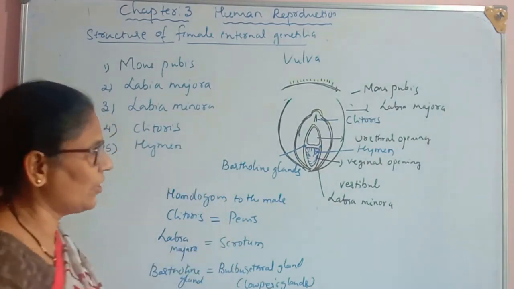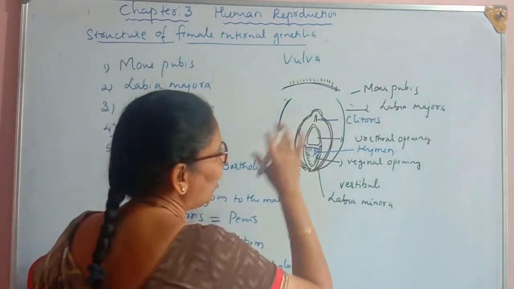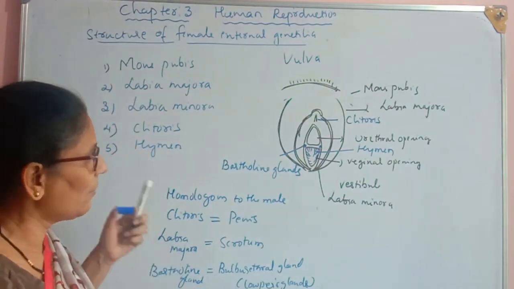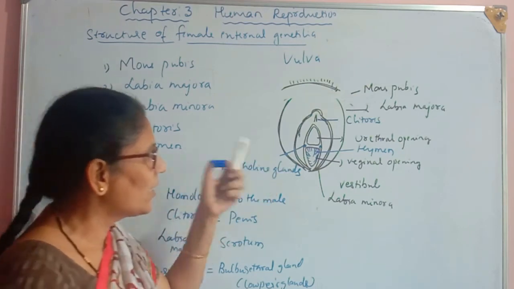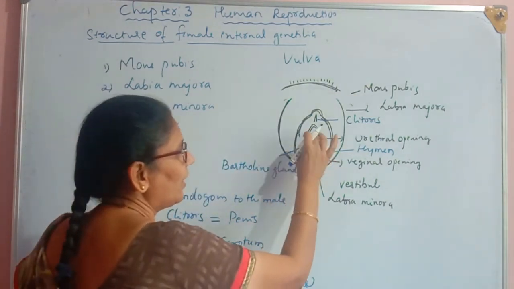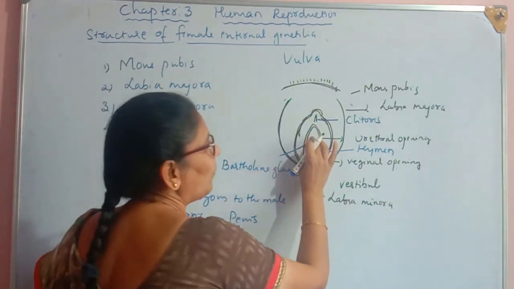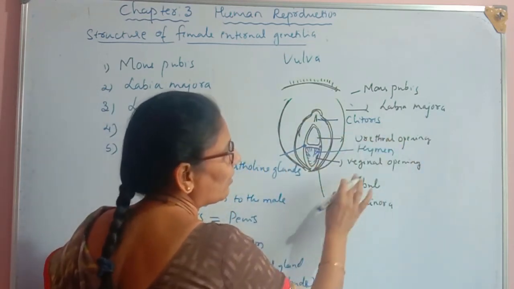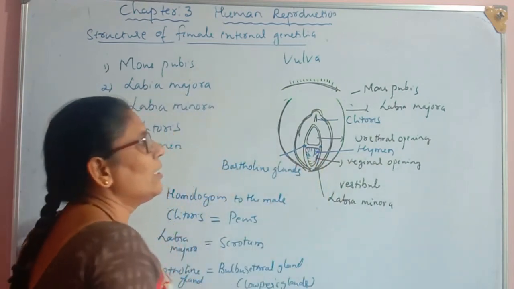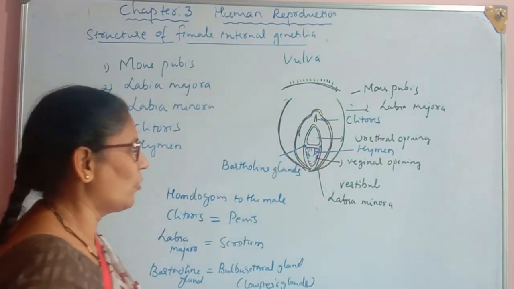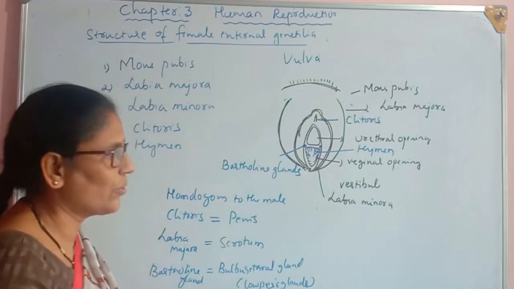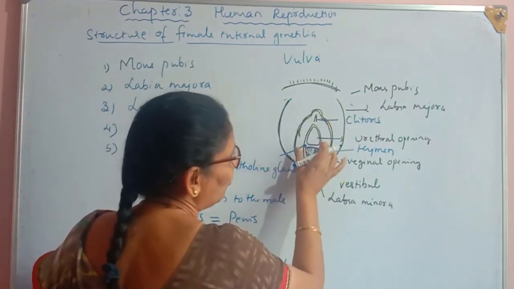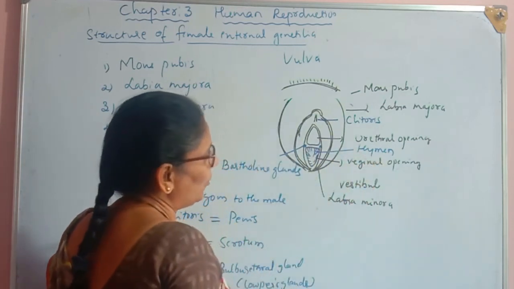So these are the structures, and this is how they actually look. I have drawn the diagram and explained all these parts with it. This is the cavity. Within it there are two openings. The upper opening is called the urethral opening through which urine passes. The lower opening is called the vaginal opening through which semen passes during intercourse, and menstrual flow also comes out. It is covered with a paired membrane structure, the labia minora.